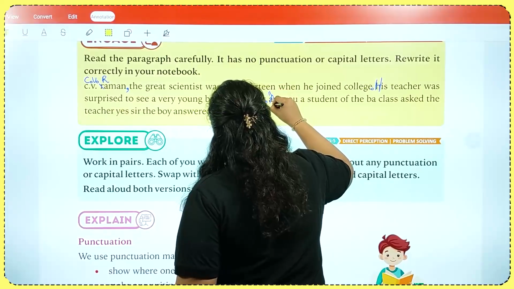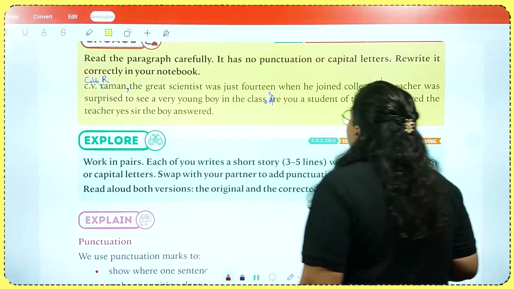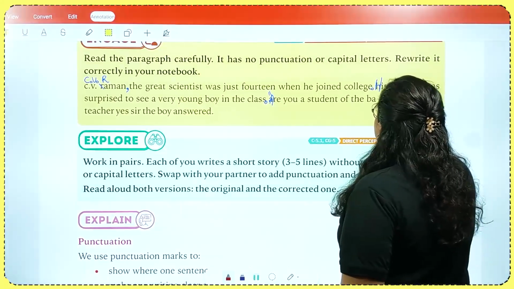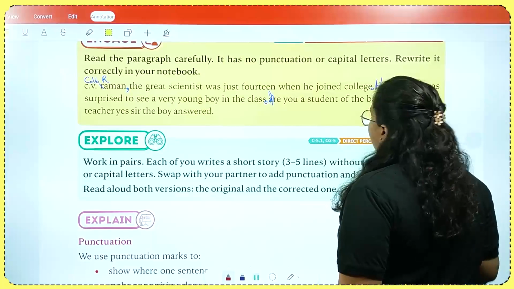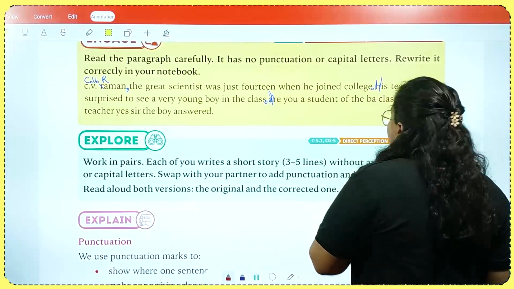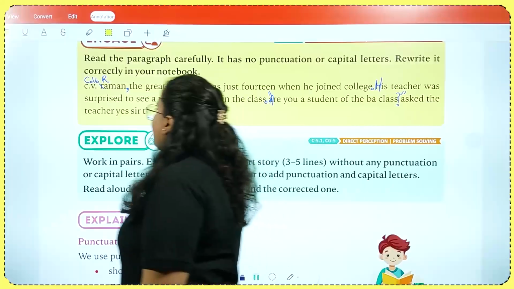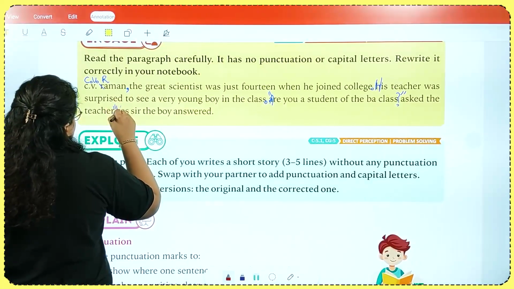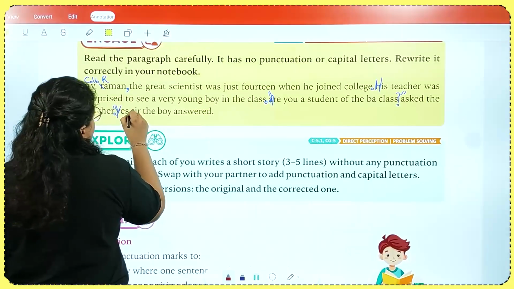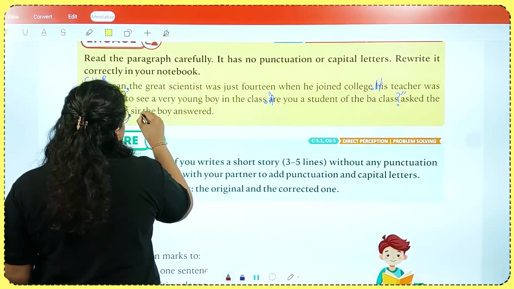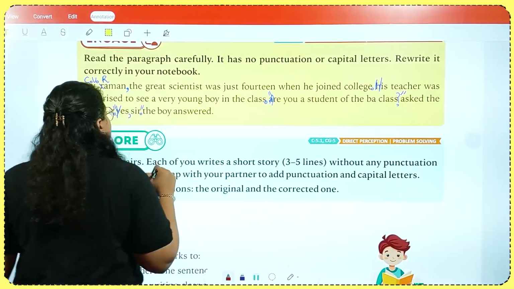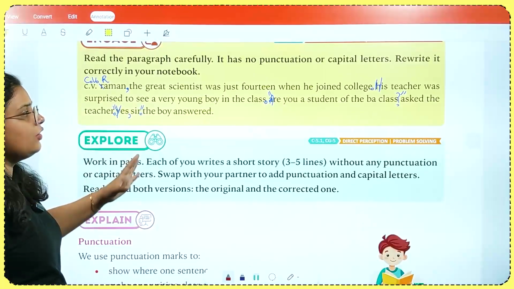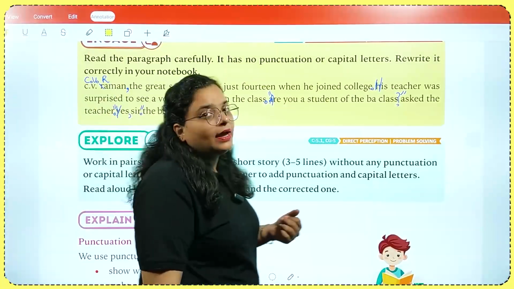Then inverted commas. First letter will be capital. Are you a student of BA class? Question mark, inverted commas, and asked the teacher. Full stop. Yes, comma, sir. Full stop, inverted commas, and the boy answered. Okay, so this is how we are going to change this paragraph.